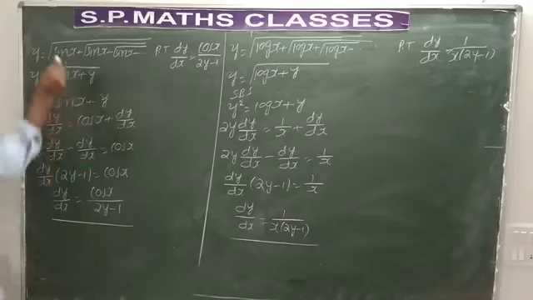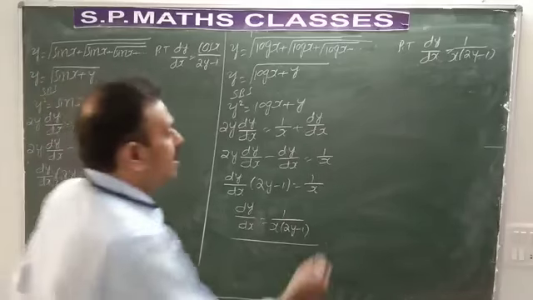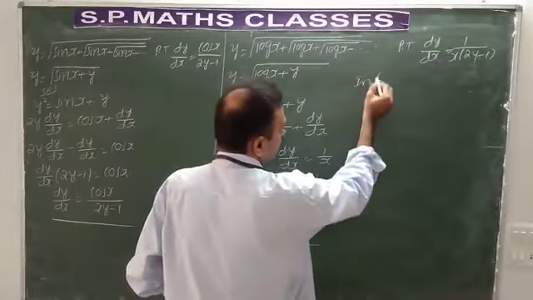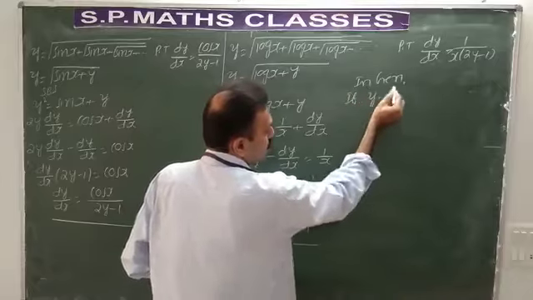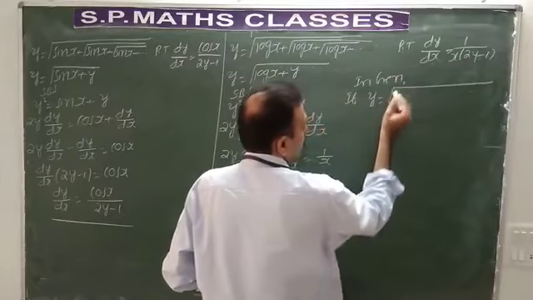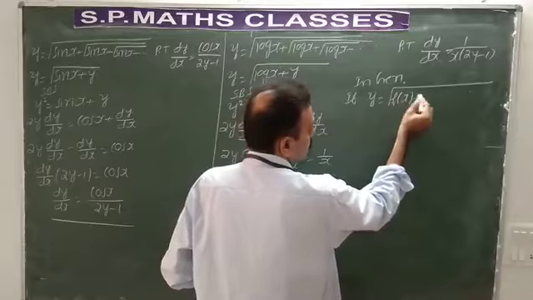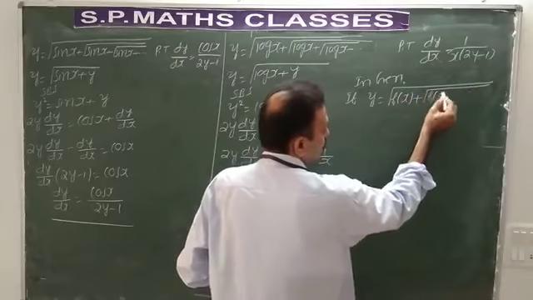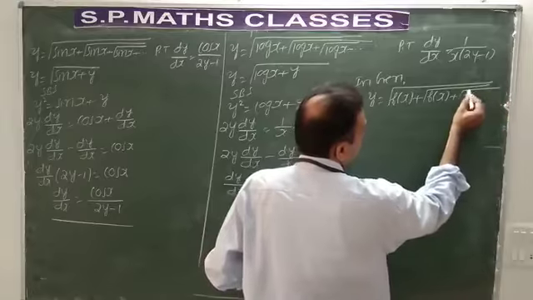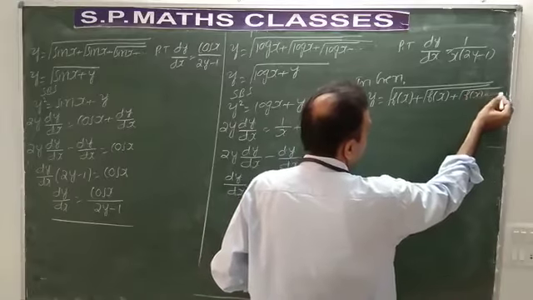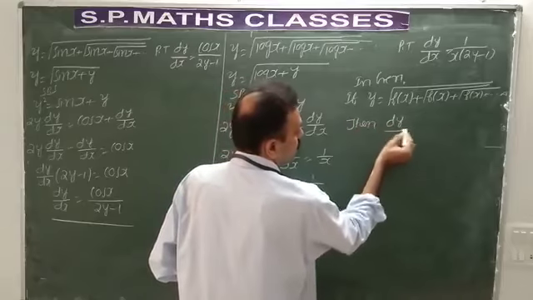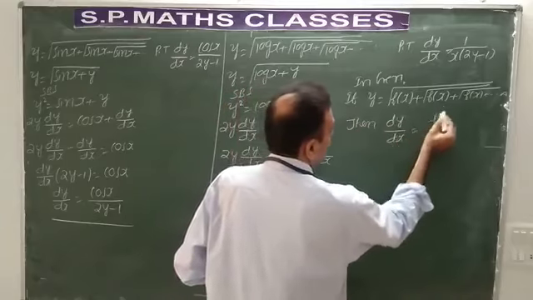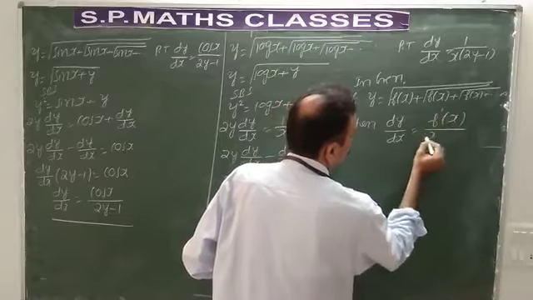I have observed here that the derivative of sin x is cos x, over 2y minus 1. So looking at that expression, I write in general: if y is equal to root of f of x plus root of f of x plus root of f of x up to infinity, then dy by dx will be f dash of x divided by 2y minus 1.